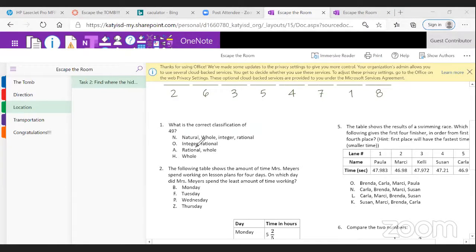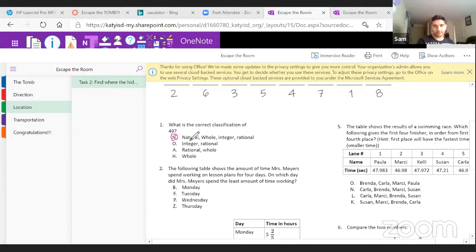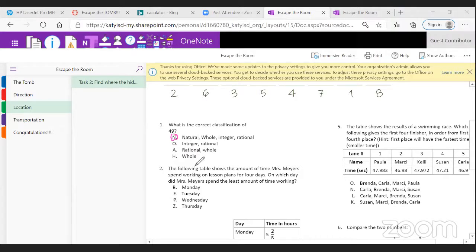Okay, so I think number 1 is N. Yeah, that's a natural number, that's a whole number, it's integers. And number 2, the following table shows the amount of time Miss Myers spent working on lesson plans for 4 days.